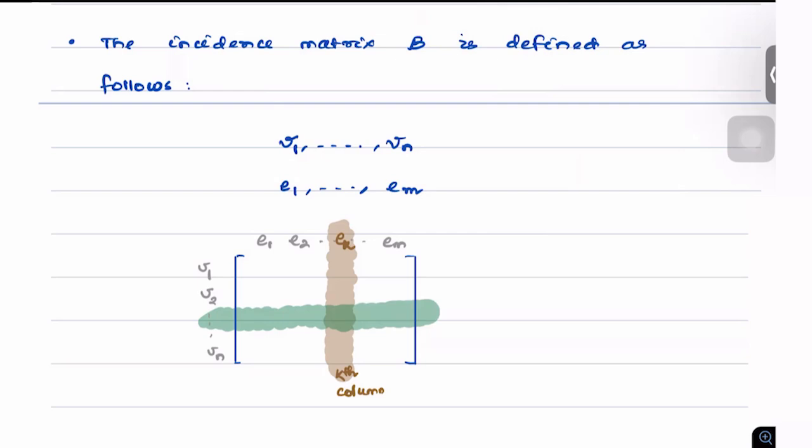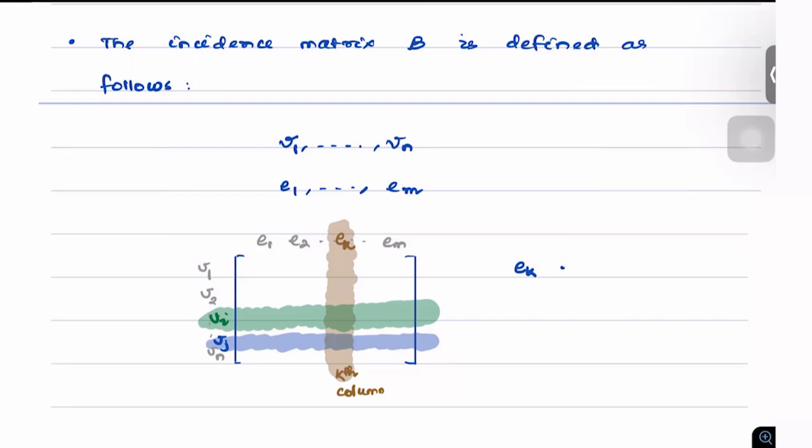Let's denote this as Vi. Let us also have yet another vertex, some Vj. Now, according to the definition of the incidence matrix, if we pick any column of this matrix, we denote all of the entries of the column as equal to 0 if the edge Ek is not incident with the vertices.